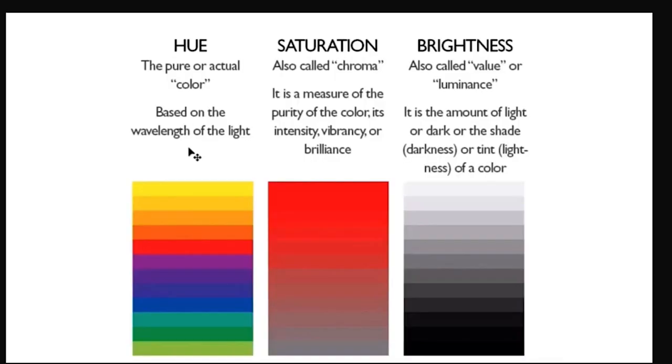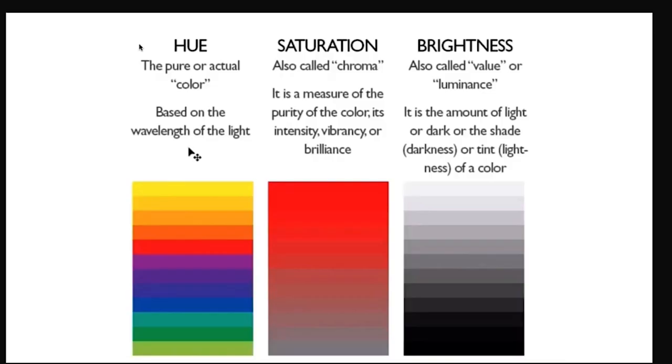And then finally, let's just talk about hue, saturation, and brightness. So hue is the pure or actual color based on the wavelength of light. So a hue is essentially, hey, I'm using a hue of red. Okay, saturation is the measure of purity of the color.